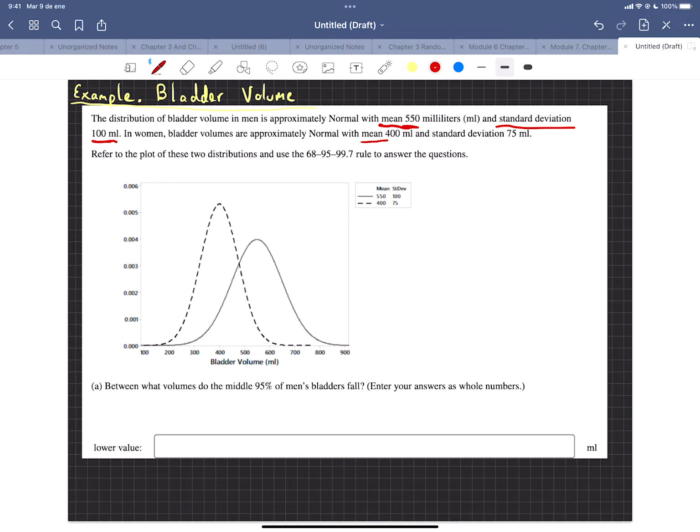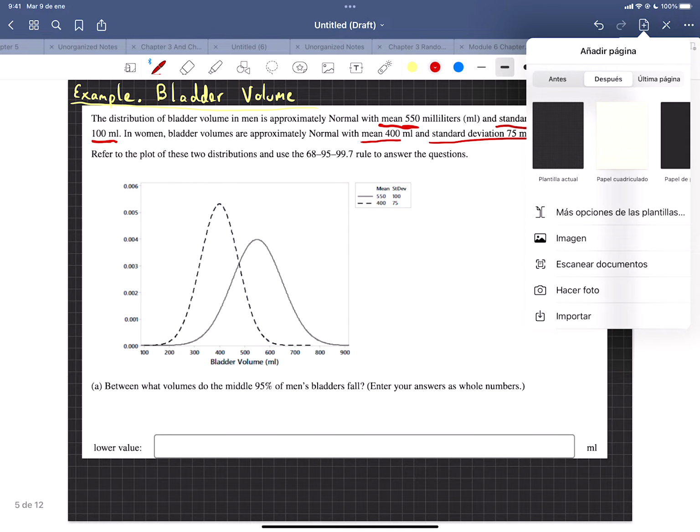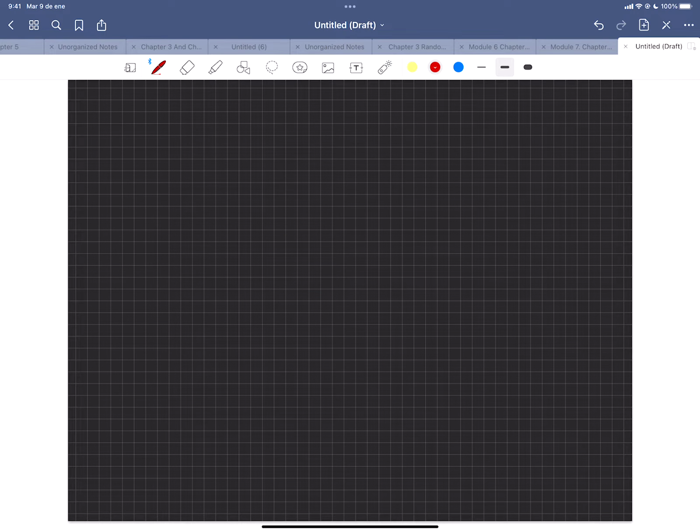Women is mean 400, standard deviation 75. Refer to the plot of these two distributions and use the 68, 95, 99.7 rule to answer the question. So what is this rule about? Let me explain this rule. This rule is known as the empirical rule.